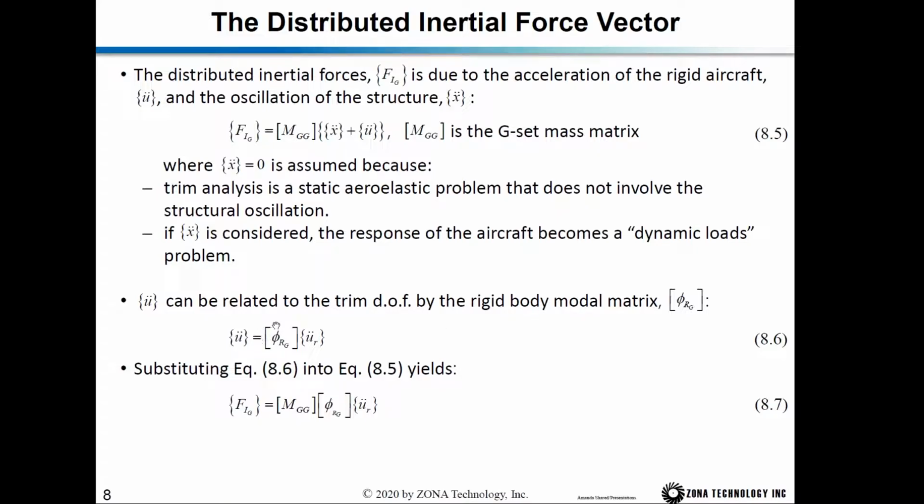This is the rigid body mode times the acceleration at CG, which will give us the distributed acceleration in the G-set. So the distributed inertial force is MGG times the rigid body modes times the accelerations at CG.